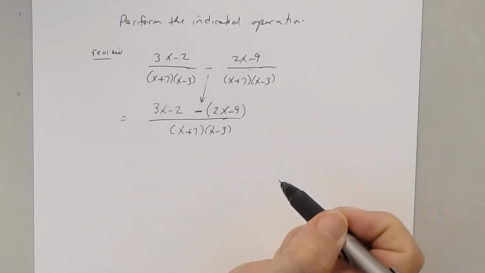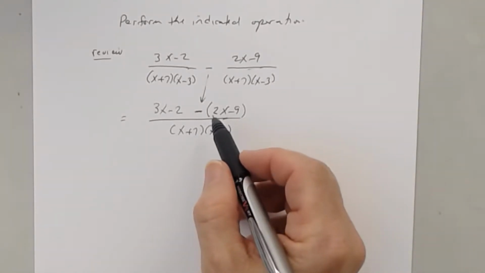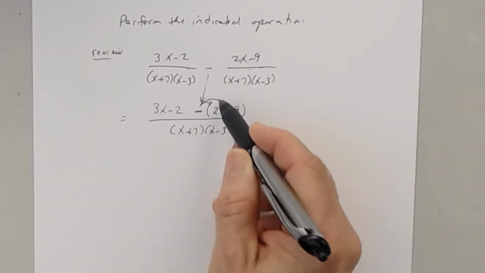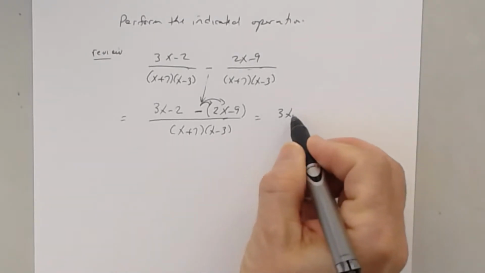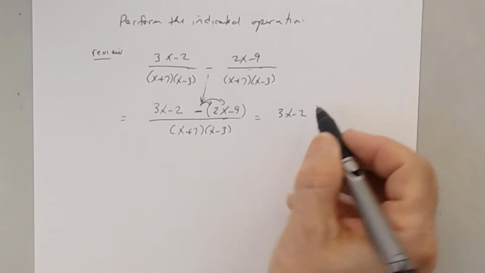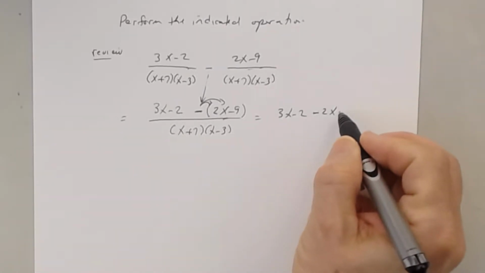So what goes inside that parentheses? 2x - 9. Then what we did next was we got rid of the parentheses. I'm going to distribute that negative symbol. So I get 3x - 2, and then what does the rest become? Negative 2x, positive 9.